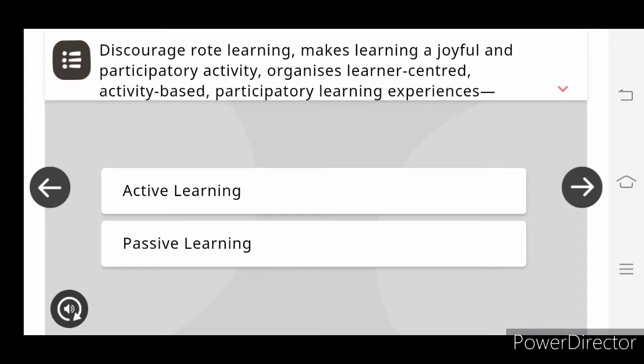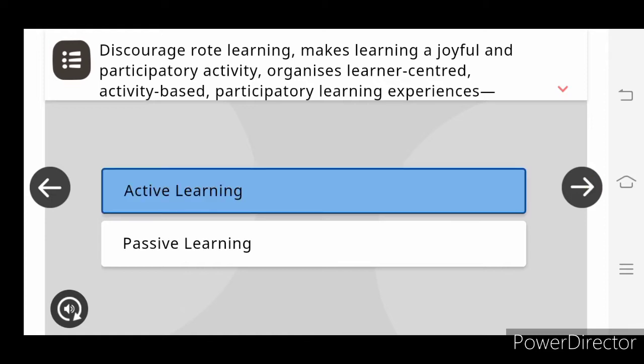The second question is: discourage rote learning, make learning joyful and participatory, organizes learner-centered, activity-based participatory learning experiences. So it is also active learning.